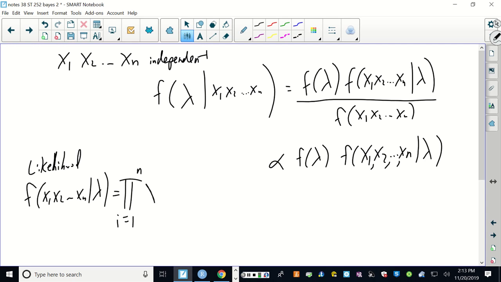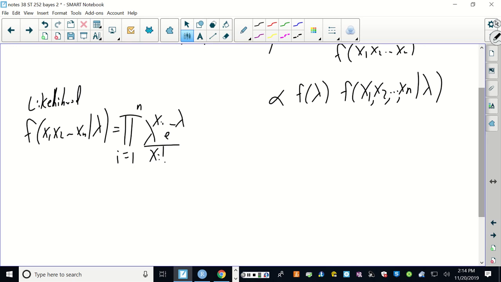They had a lambda to the xi, e to the negative lambda, over xi factorial. And just like we did for likelihood things, maximum likelihood, we'll combine terms together where appropriate. We're going to ignore the xi factorials. They'll be in the numerator and the denominator, and they'll cancel in the Bayes thing. But there's a lambda to the sum of the xi's, and there's an e to the negative n lambda.